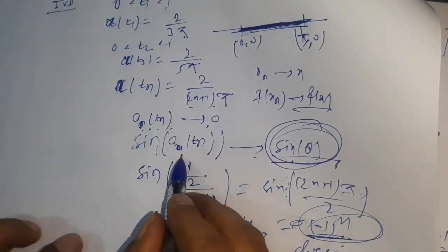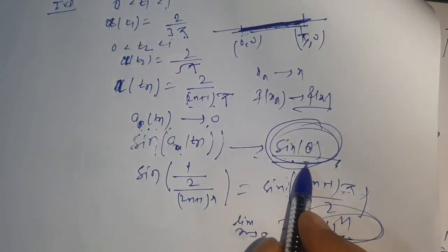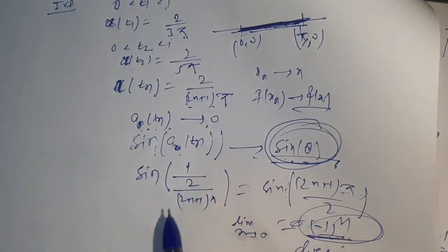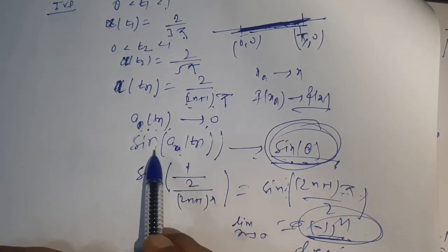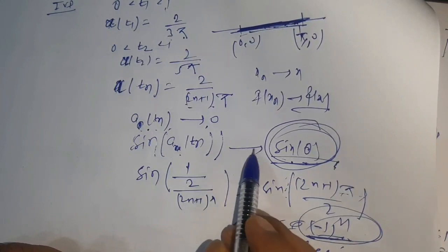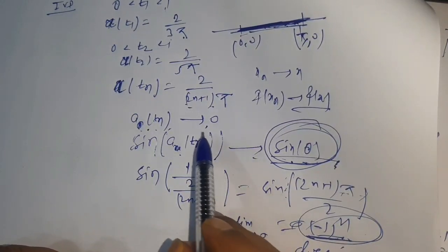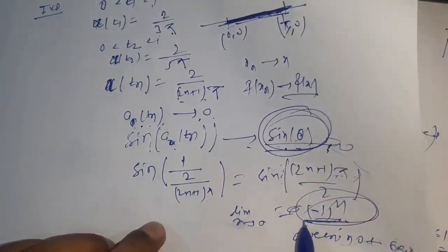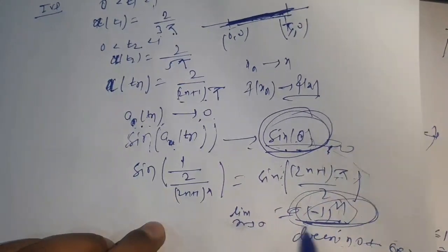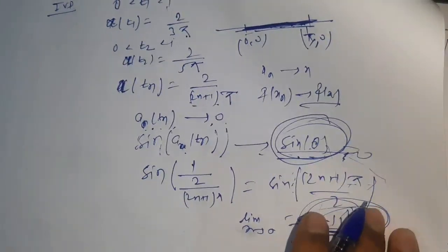A sequence is converging, but the continuous map sine 1 by x is not converging to the sine of that point. Sine 0 is equal to 0, but the limit is not equal to 0, it is minus 1 to 1. So the limit does not exist.